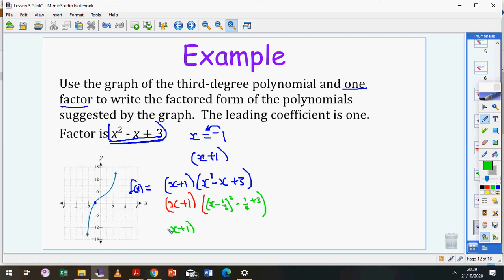Now I'm only doing all of this because this quadratic section is just difficult to factorize. It's not impossible. It just doesn't have factors, so I need to go this route.